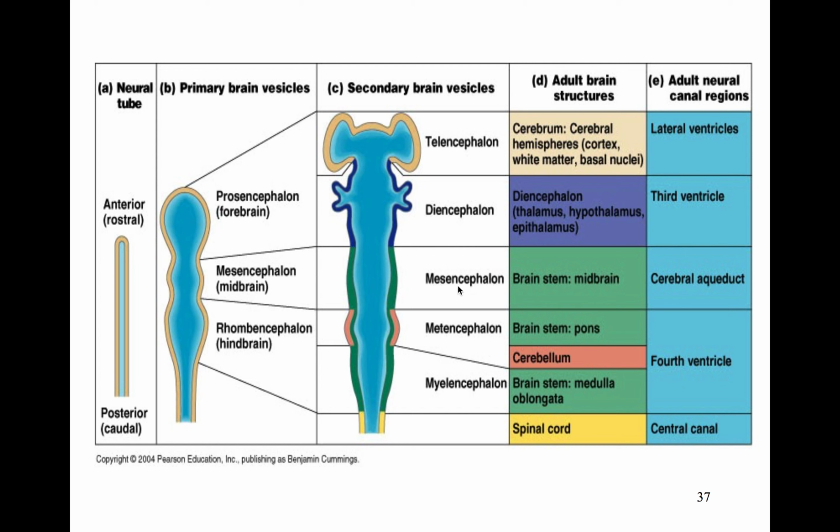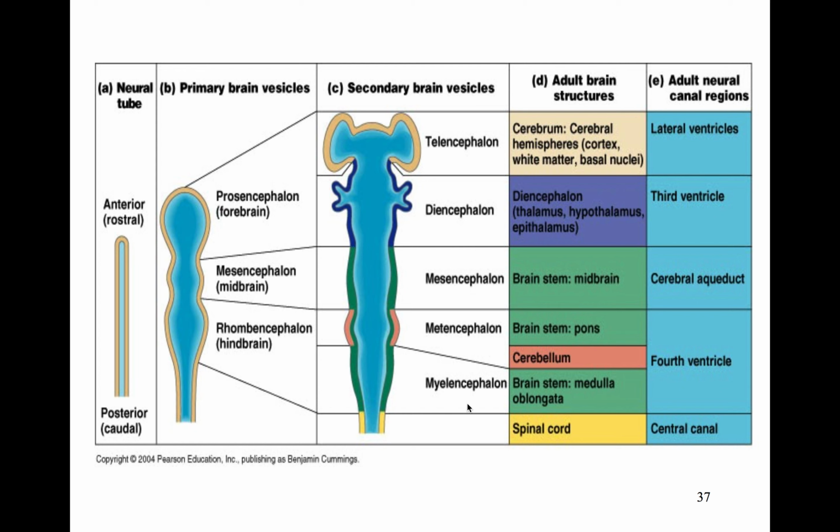The mesencephalon is also called the midbrain, and it gives rise to the midbrain. So the first part of the brainstem is called the midbrain. The metencephalon is going to give rise to the second part of the brainstem, the pons.